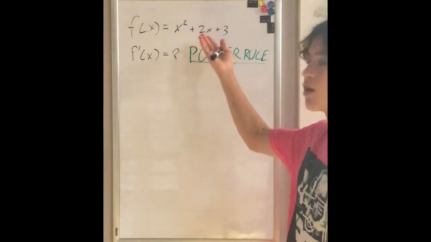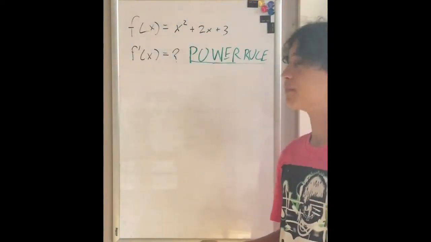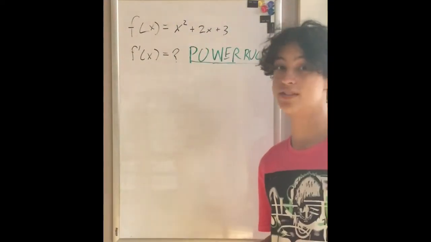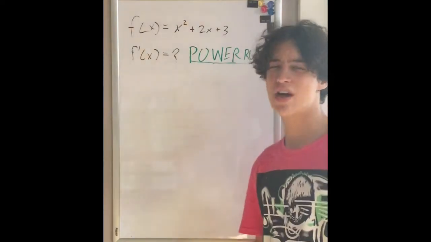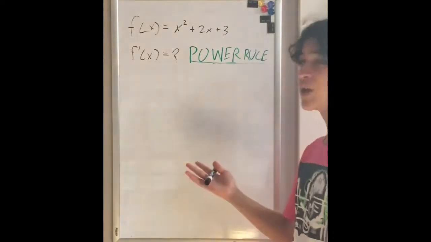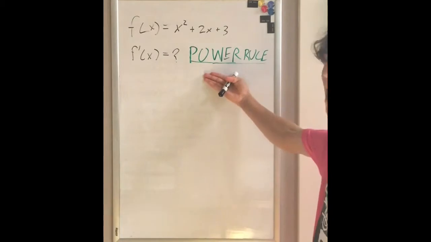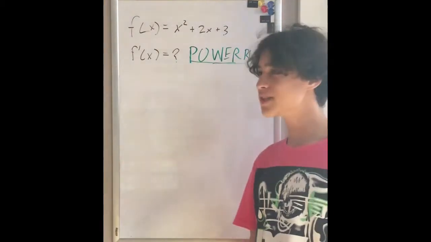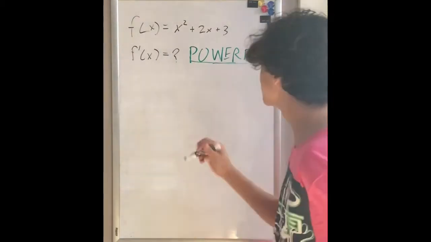Alright, check out this function. This is an epic example of a function that you might want to take the derivative of. So let's do that. How are we going to do that, you might ask? The power rule. But wait, what is the power rule? Well, I'm glad you asked.